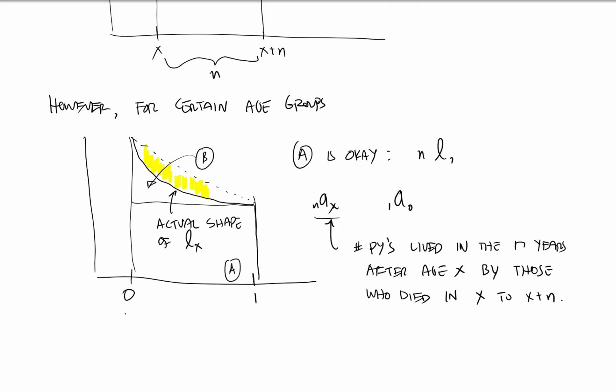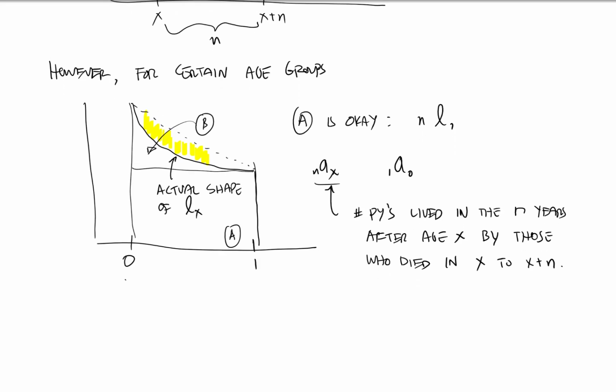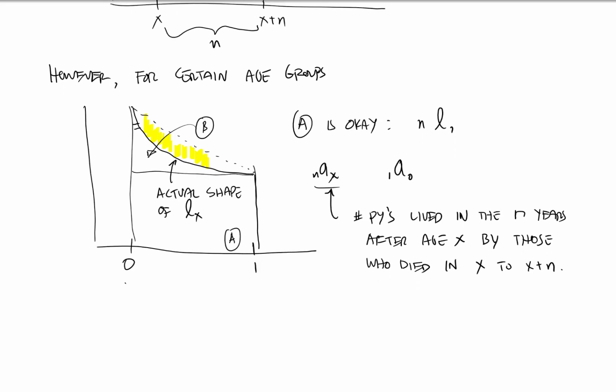Now that's a little complicated, but it turns out that what we're interested in is calculating these number of person years lived. And we know that they didn't make it to age 1. So we're going to try and calculate all of those person years lived.